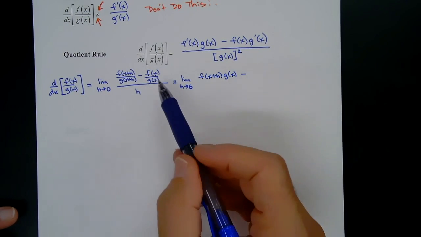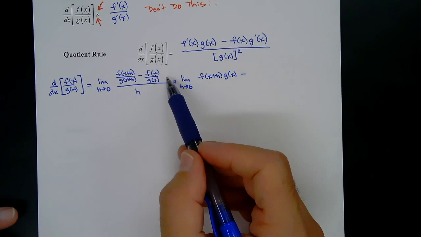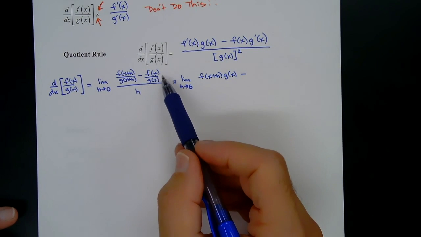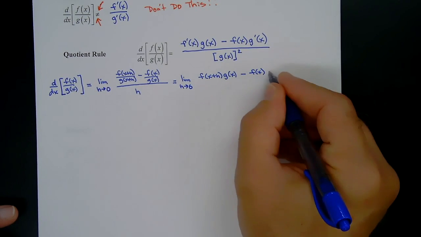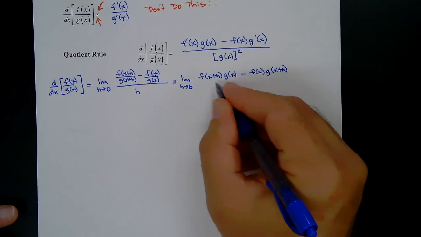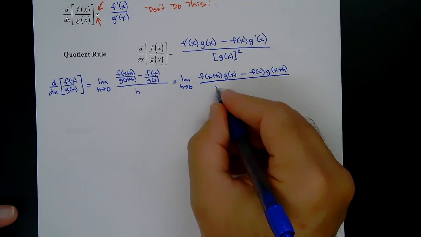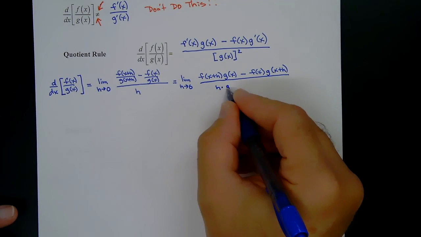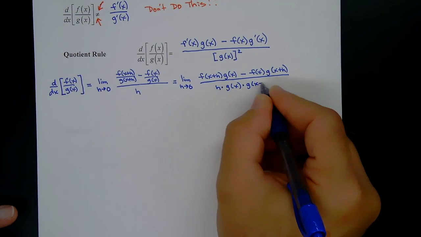And then minus, when I multiply this one by g of x times g of x plus h, the g of x plus h's are going to cancel, and I'm left with minus f of x times g of x plus h, over, and the bottom becomes h times g of x times g of x plus h.